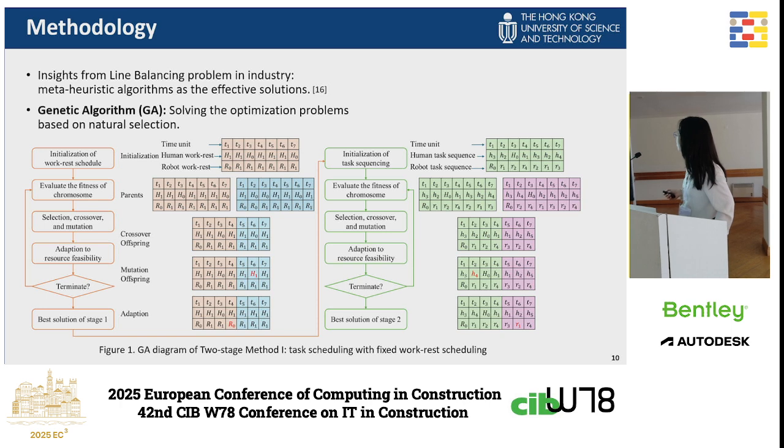There are also some notations: this one means work, rest, work, rest, something like that, and then we will find the optimal one. And for this one, we will replace the work with some specific tasks, represented by the lower h.